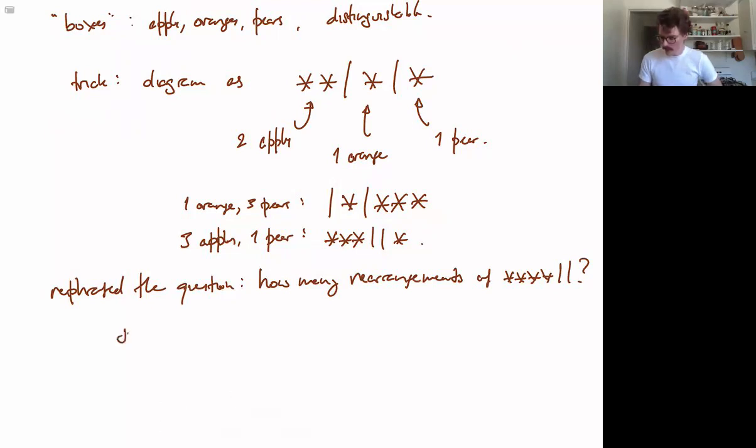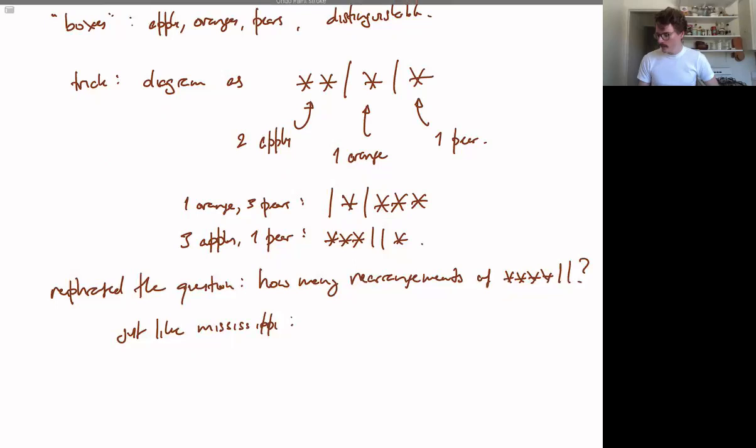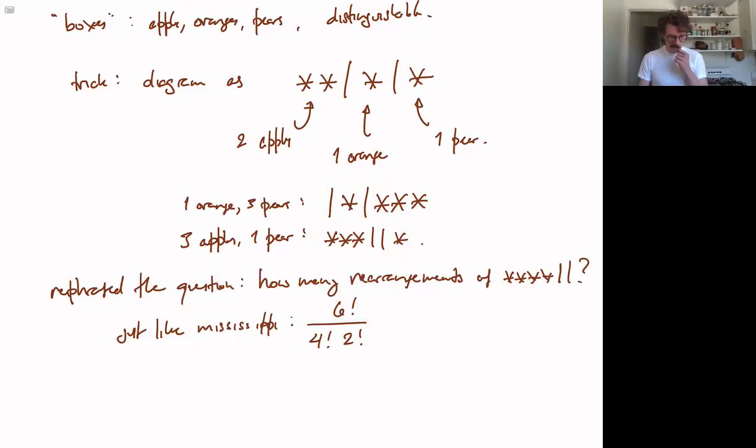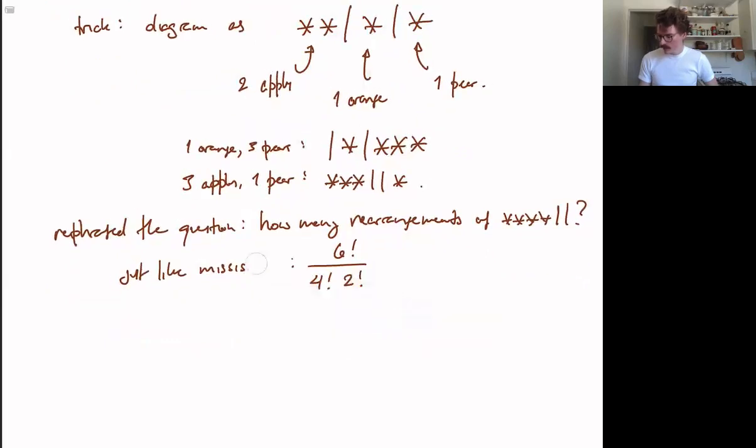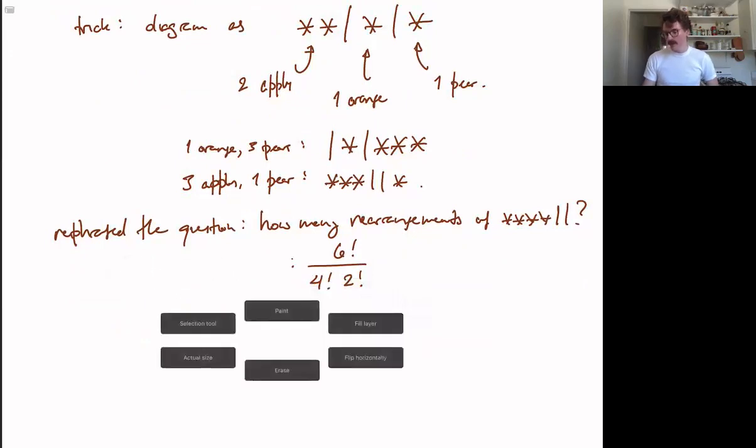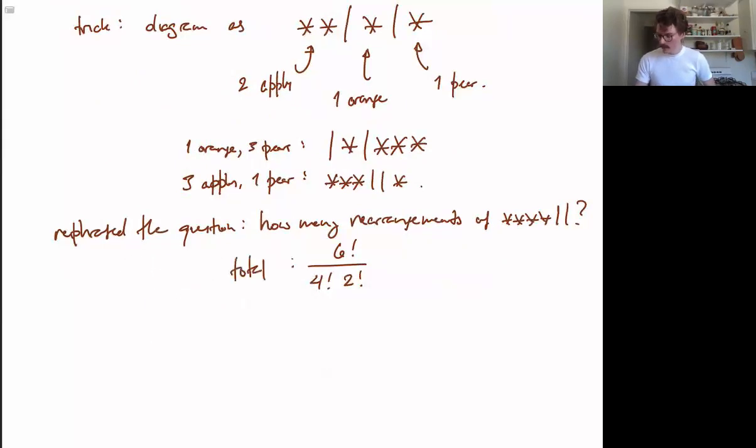And just like Mississippi, there are, let's see, six characters total. And then we have a group of 4 and a group of 2. So let me actually erase this because the counting philosophy is just like Mississippi. But the general rule is slightly different.